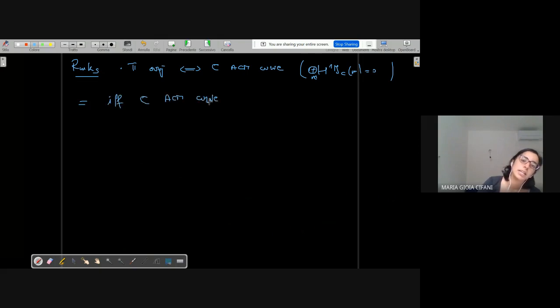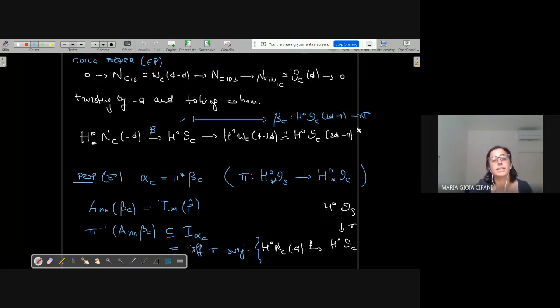That actually is true, but to be precise, this is weaker, because we only have to check surjection for degrees from 0 up to 2d minus 4. So it is a little weaker than being arithmetically Cohen-Macaulay, but I don't know an example of something that is not arithmetically Cohen-Macaulay but has pi surjective in all these degrees.